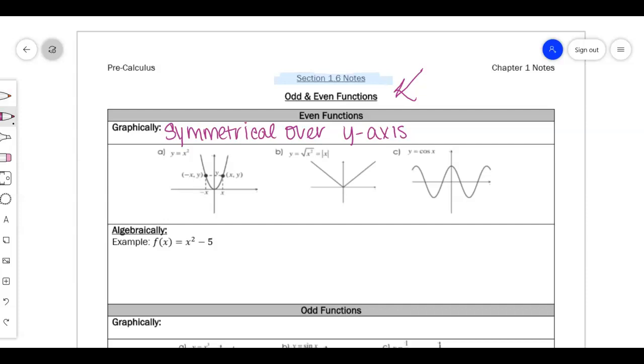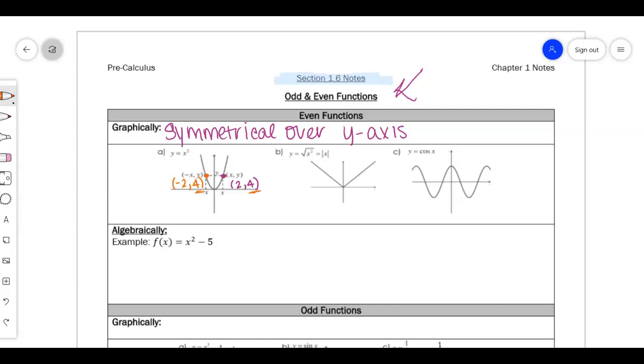The reason why this is significant is because of the inputs and outputs. For instance, if I plug in 2, I will get out 4. This symmetry occurs because if I plug in -2, I will also get out 4. For even functions, it doesn't matter if you plug in a positive or negative input, they're going to have matching y values either way.